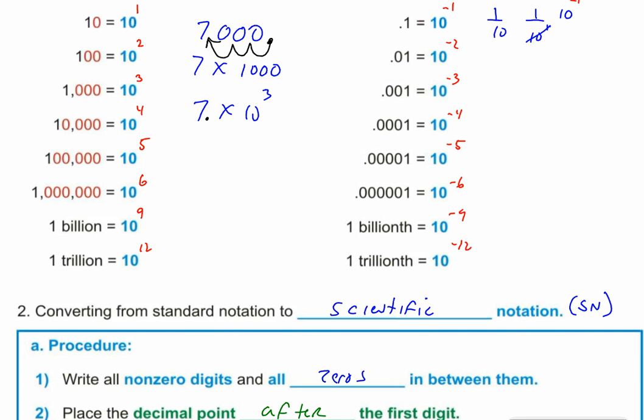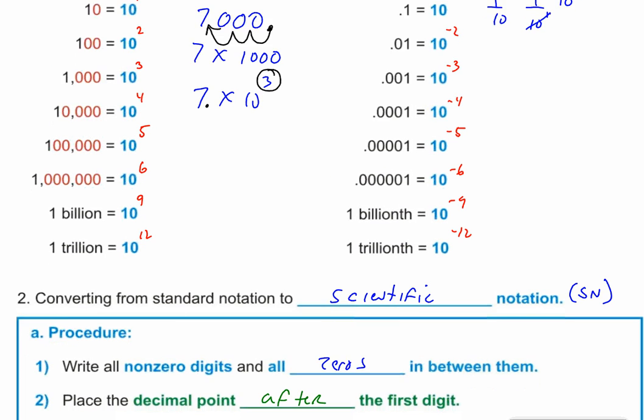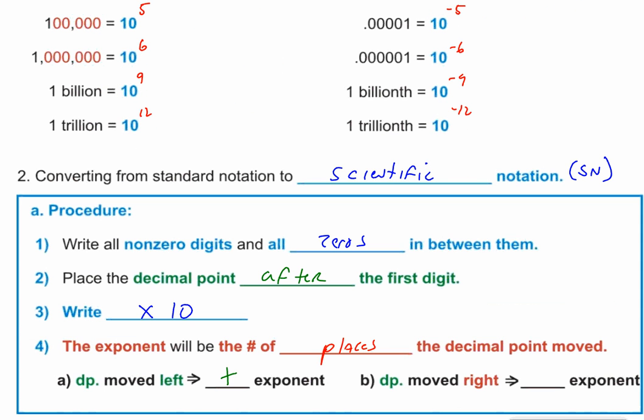We moved it to the left. And therefore, our exponent is positive because whenever you move it to the left, the number was bigger than 1. And that's what we're after. Numbers bigger than 1 have positive exponents. Numbers less than 1 means we have to move the decimal point to the right. They're going to have negative exponents.